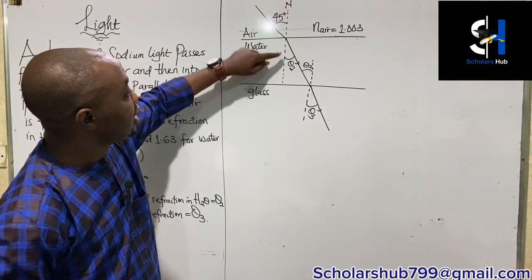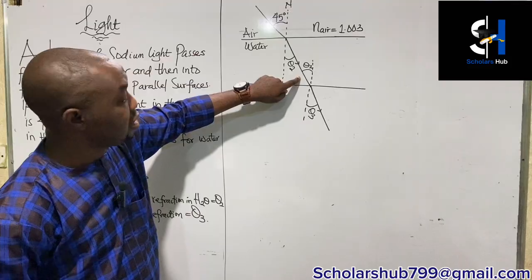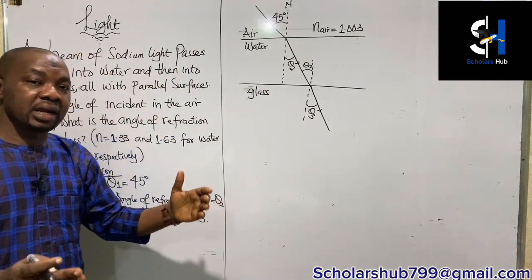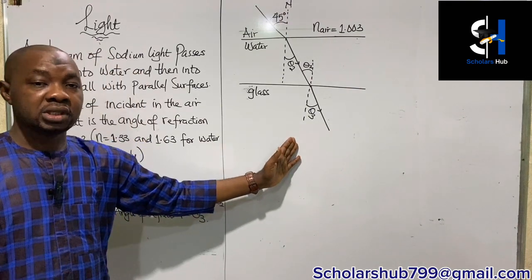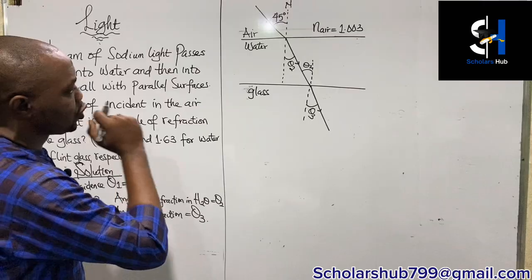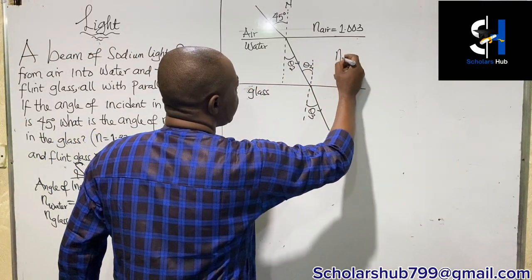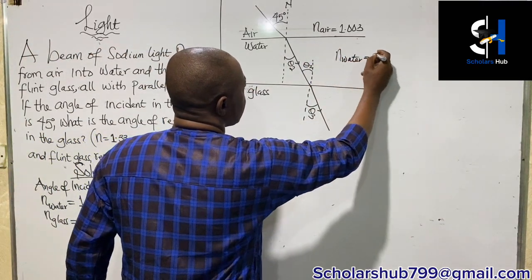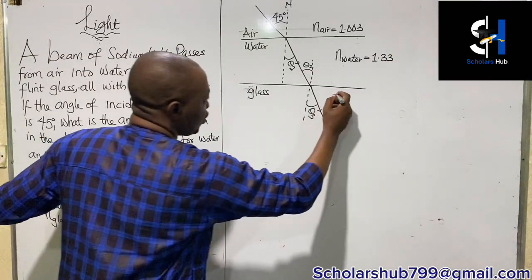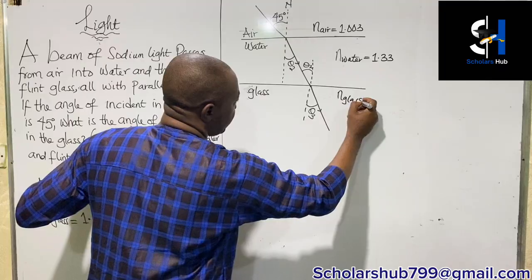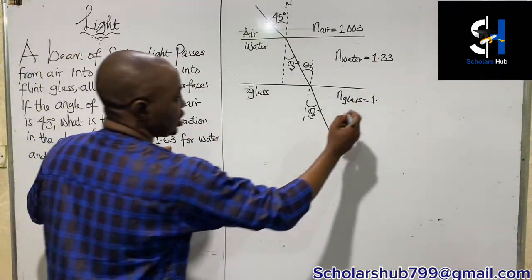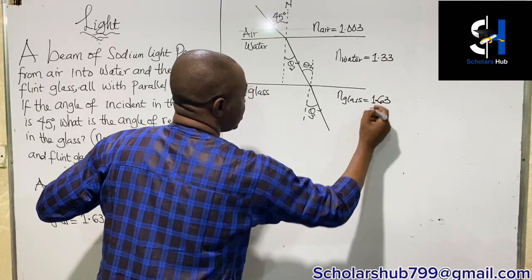When it gets to the boundary separating water and glass, it bends towards the normal. That's why we have the third angle. So in water, we have the refractive index of water to be 1.33, which is a value we are given here. Then we also have the refractive index of glass, which is given to be 1.63.